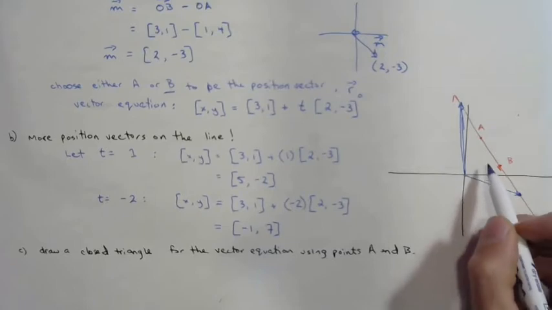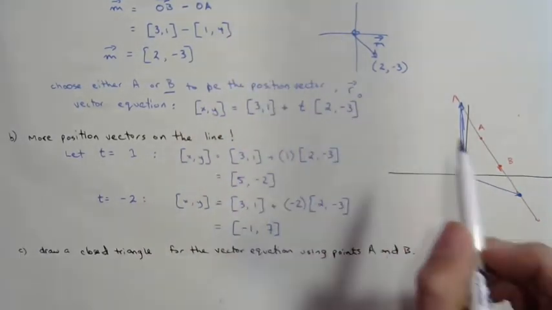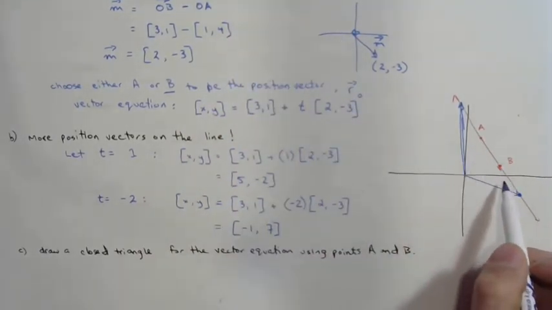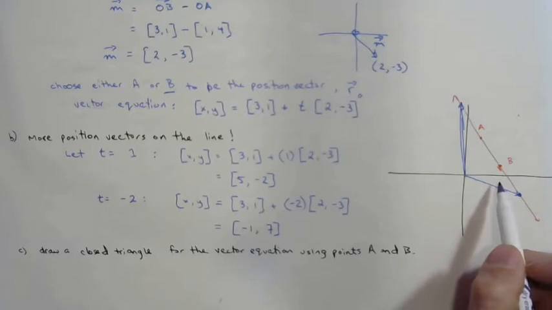We're using the points A to B. We're going through A at 1, 4 and B at 3, 1. And so all I need to do then is draw my vectors, my R naught, my R, and my M.